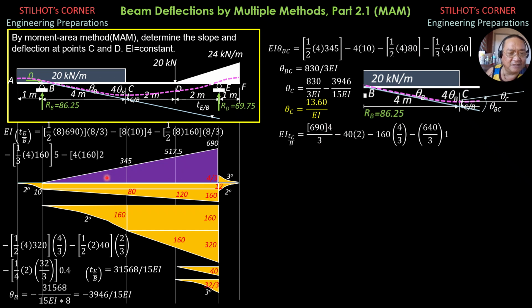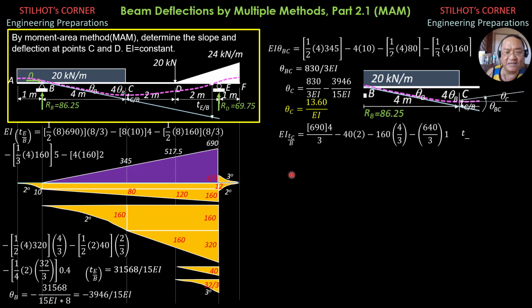4, then triangular, so 4/3, minus the next area, which is 40, this one, then the moment arm is half of 4, 2, then minus this area of triangle, which is 160, then the moment arm is 1/3 of 4, 4/3, and finally this area, 1/3 of 4 times 160, that's 640 over 3, and the moment arm is 4 over 4, or 1.